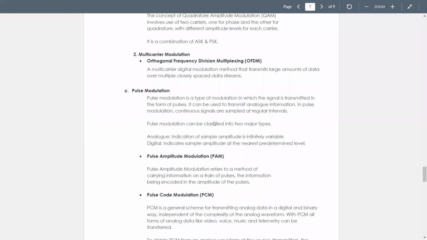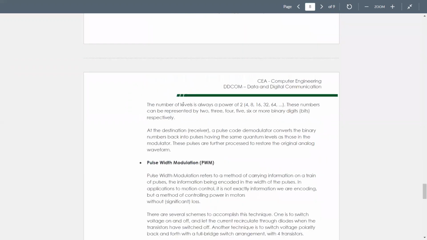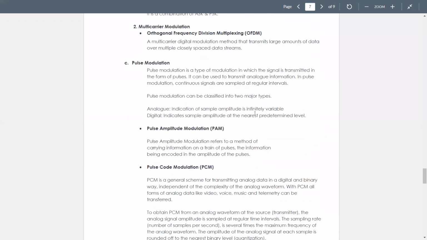We also have pulse modulation, in which the signal is transmitted in the form of pulses. So instead of the carrier, we'll be using pulses. Pulse modulation is classified into two major types: analog, which indicates the sample amplitude, and digital, which indicates the sample amplitude at the nearest predetermined level.